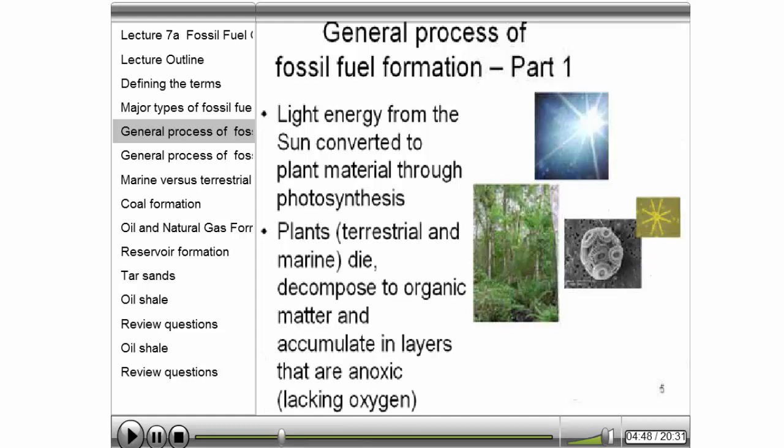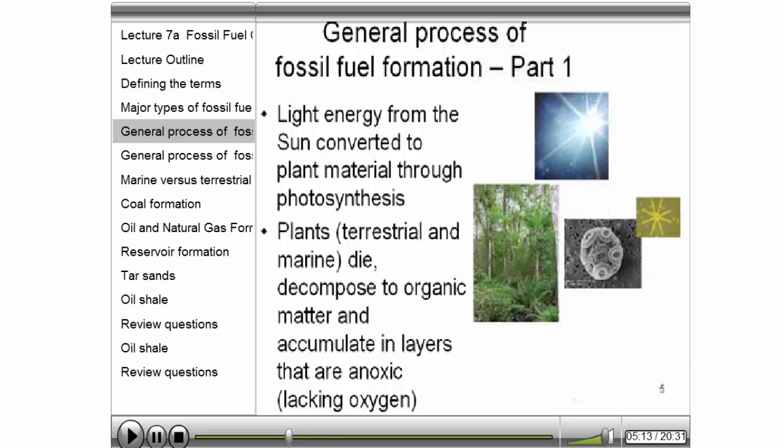Plants mainly, although animals certainly do this as well, will eventually die, running through their life cycle. They then undergo a variety of decomposition processes and form organic matter, which is an undifferentiated, complex chemical suite of molecules that over time will accumulate in thin or thick layers.